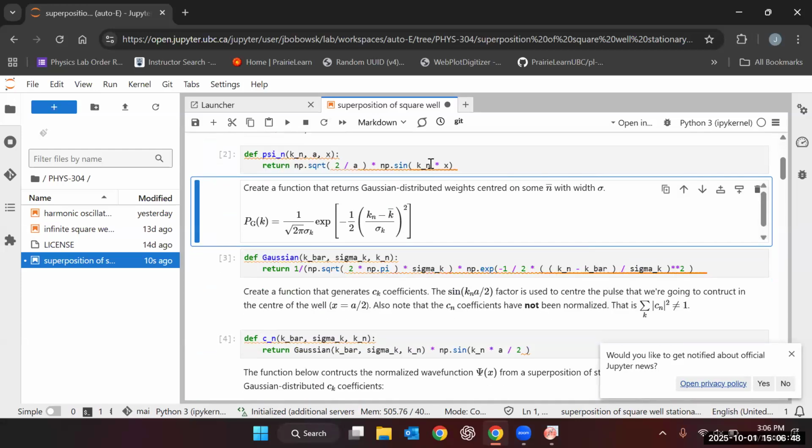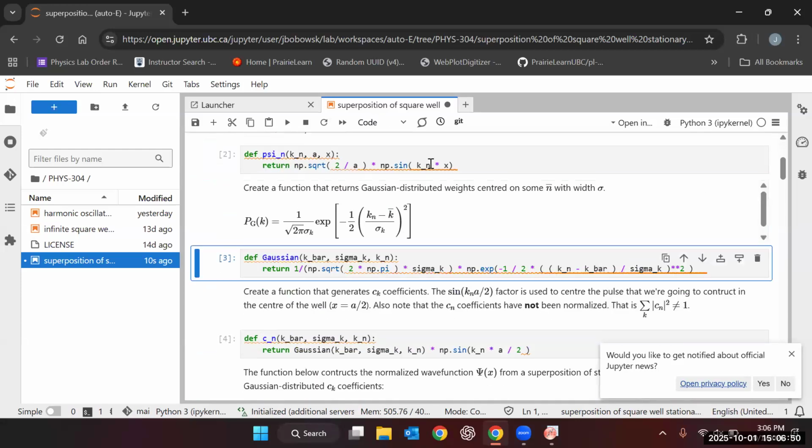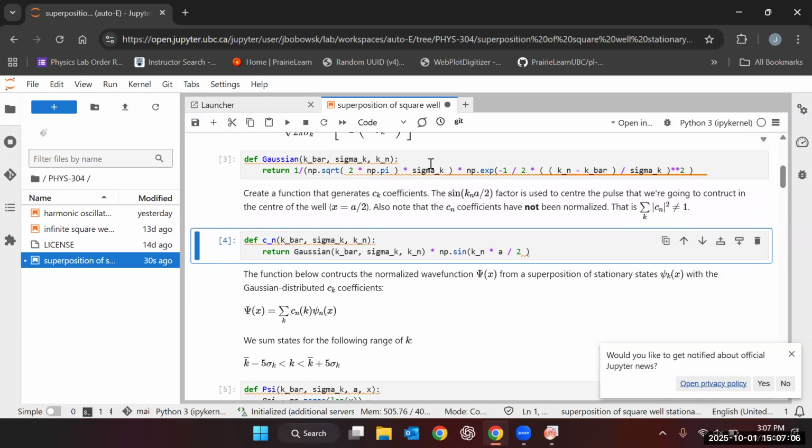Then we'll define a Gaussian distribution, which will be used to help generate our Cn values: e to the minus 1/2 k minus k bar over sigma k, all squared. And so here are the actual Cn values. We just pulled something from the Gaussian. This other thing is just used to shift my wave packet to the center of the well, so it's just a technical detail.